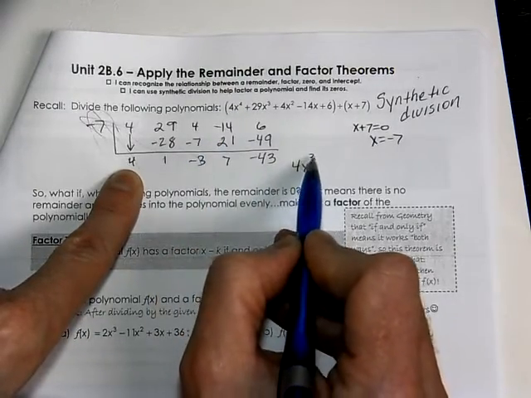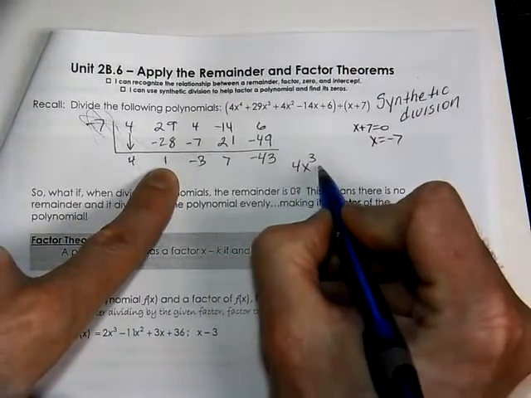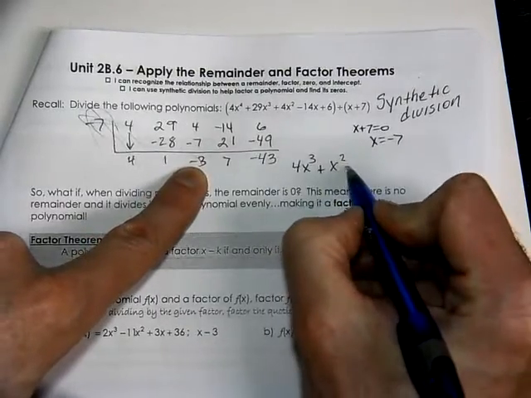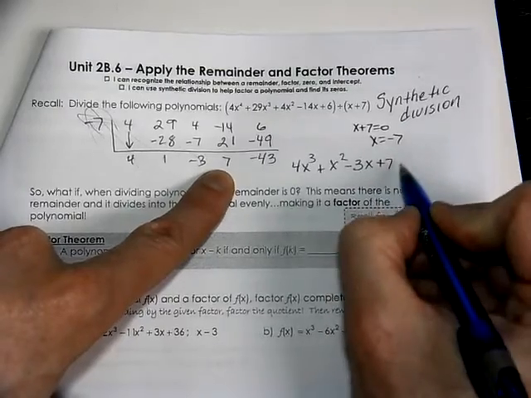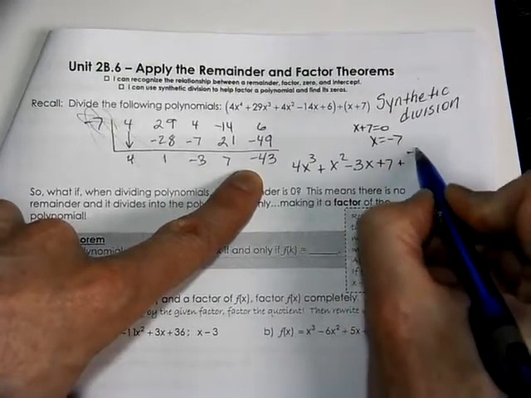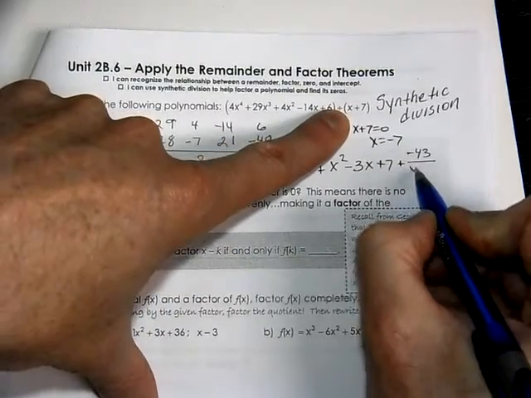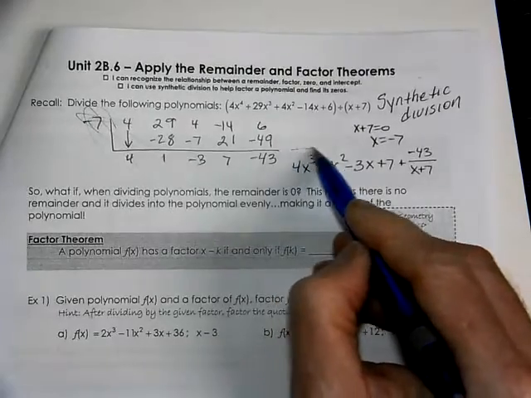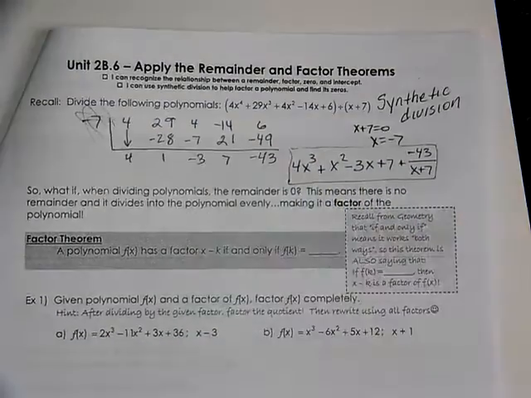This is going to be x cubed, with this as your coefficient, and a positive 1x squared, and a negative 3x, and a positive 7, and negative 43 over x plus 7. That is our quotient for division. That's our answer of division.